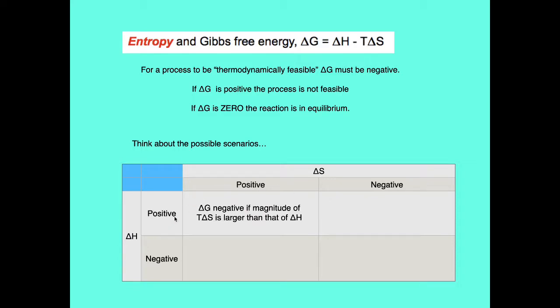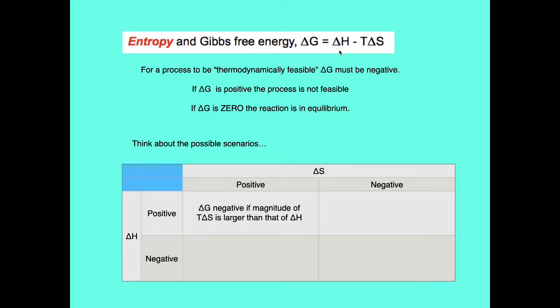If we've got a positive delta H, so the reaction is endothermic, and we've got a positive delta S system, so the amount of disorder increases in the process, then it's going to be a fight between these two terms, isn't it?